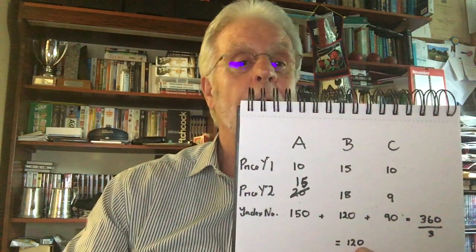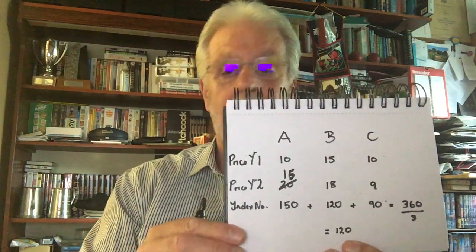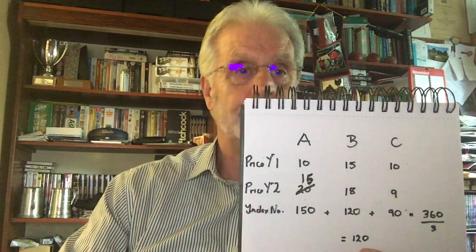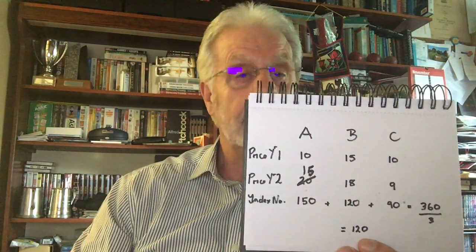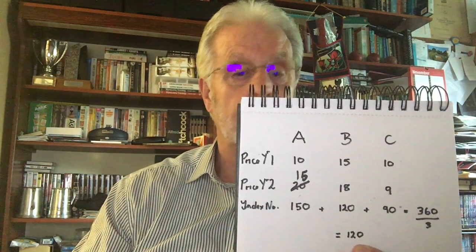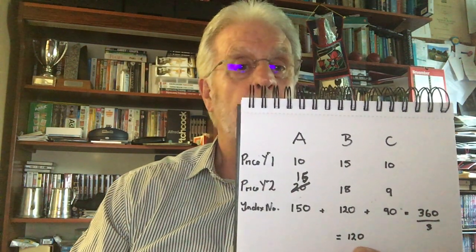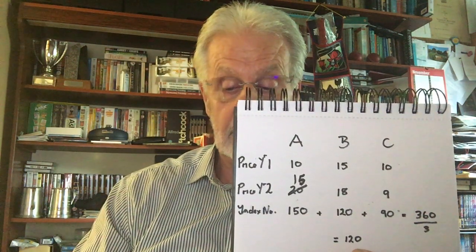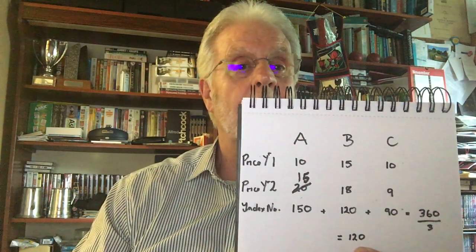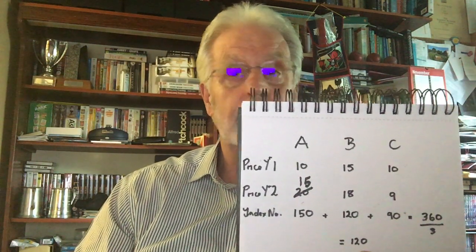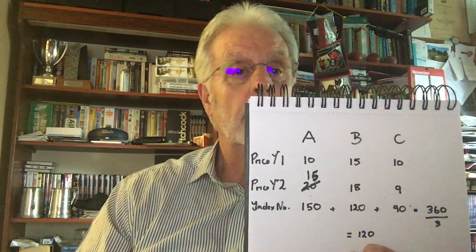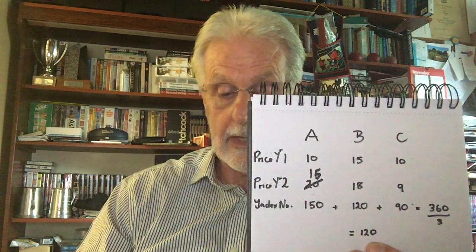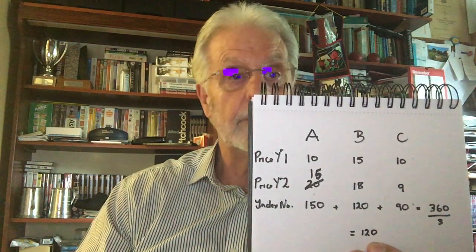If A had gone up from 10 to 15, then that would have been a 50% increase in the price. So the index number goes up from 100 to 150. B has gone up from 15 to 18, which is a 20% rise, so the new index number there is 120. The third one has gone down from 10 to 9, which is a 10% fall in price, so the index number goes down from 100 to 90.